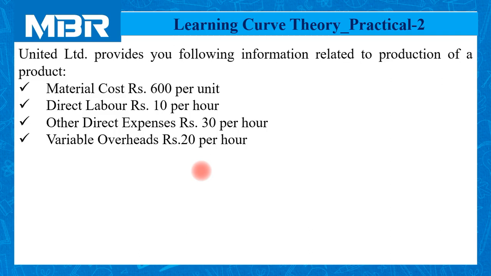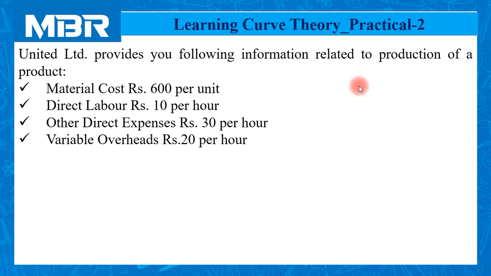United Limited provides you the following information related to production of a product. Material cost rupees 600 per unit. Direct labor rupees 10 per hour. Other direct expenses rupees 30 per hour, and variable overheads are given at the rate of rupees 20 per hour.